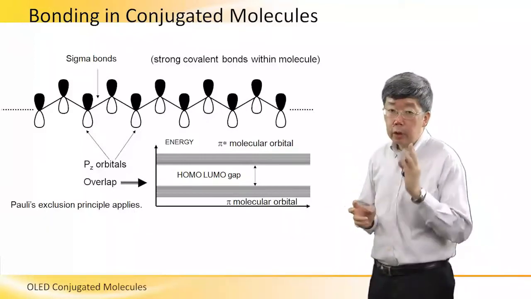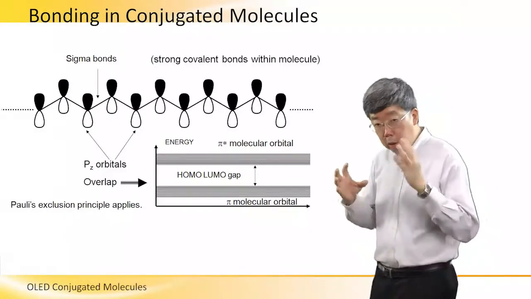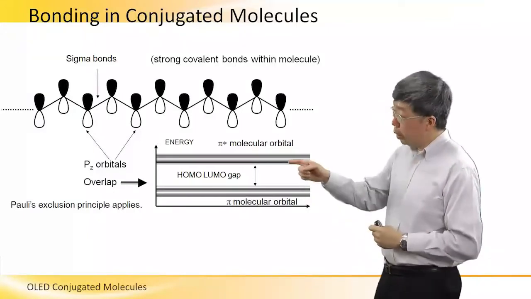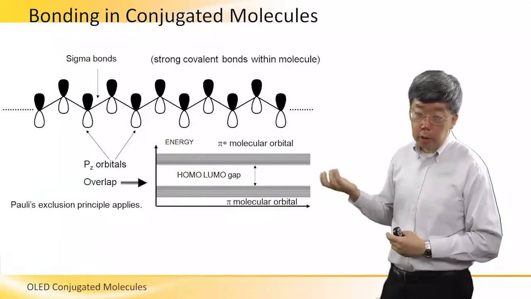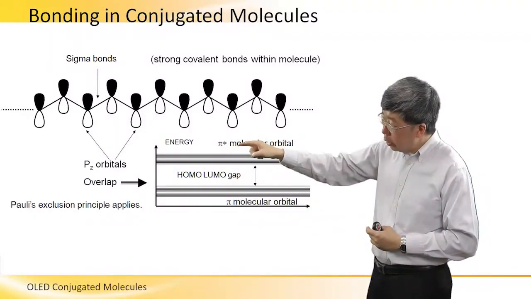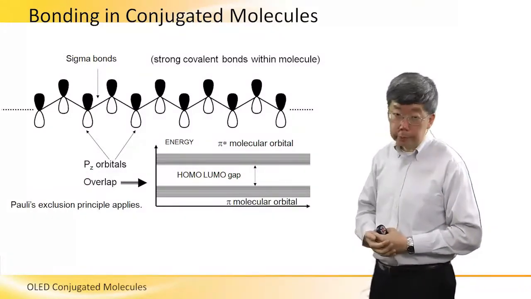But since carbon has 4 valence electrons at the outermost shell, there is 1 electron which is not engaged in covalent bonding. And this is illustrated by the dumbbell shape on this diagram.